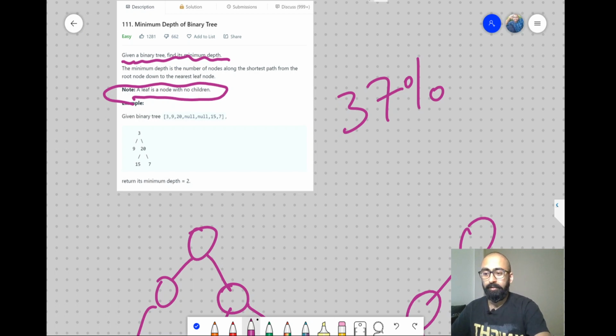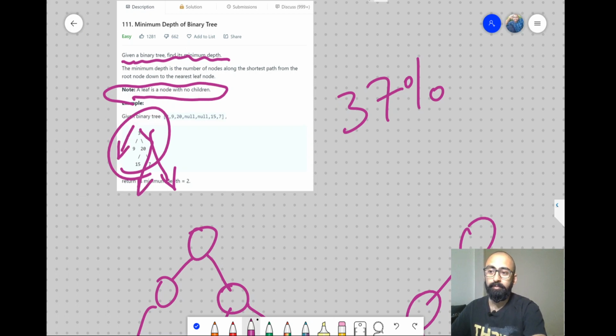Now, coming to DFS, let's look at this example here. In this example, we are given a tree: 3, 9, 20, 15, 7. Now, if you go down this path, what do you get? You get the height as 3, right? What if you go down this path? You get a height of 3. If you go down this path, what do you get?